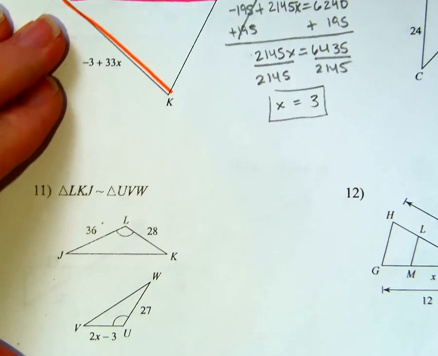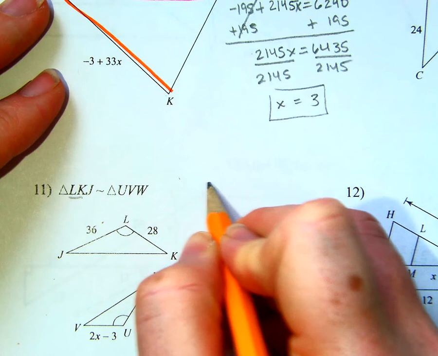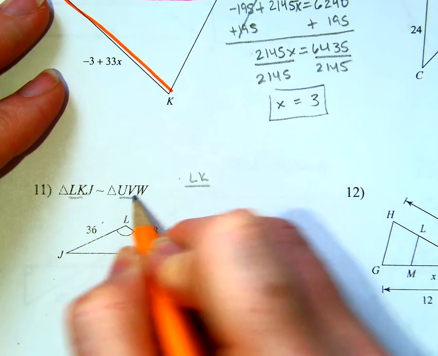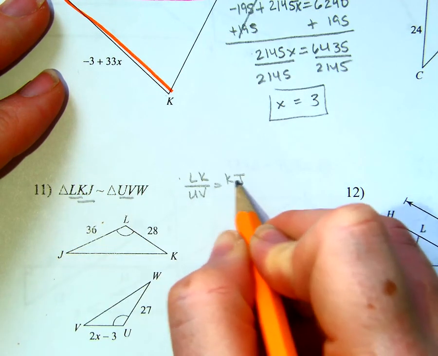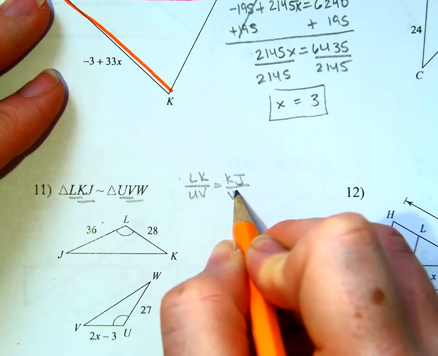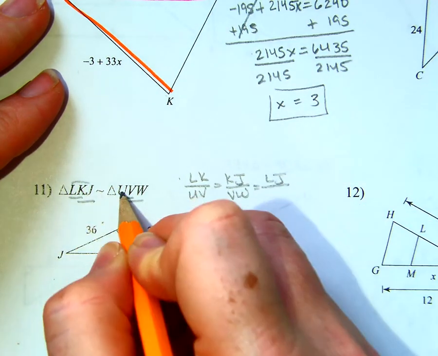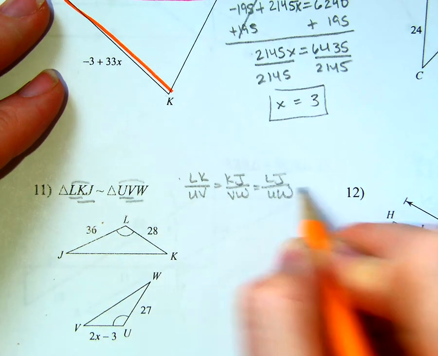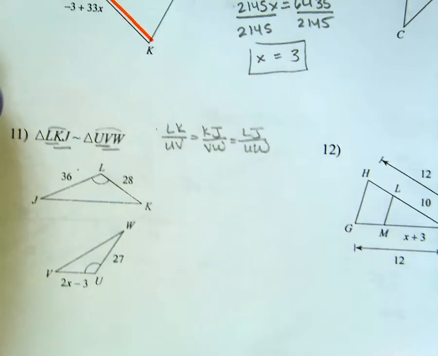So we're going to write our proportional relationship, and we're going to say LK is to UV as KJ is to VW, and LJ is to UW. And then we need to figure out which two we need with the given information.